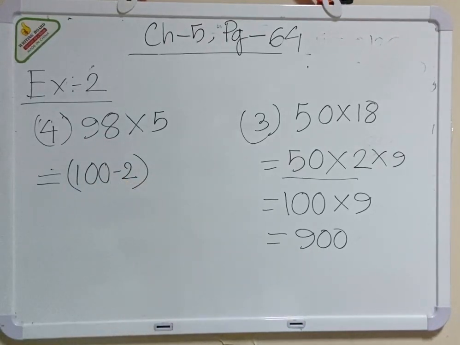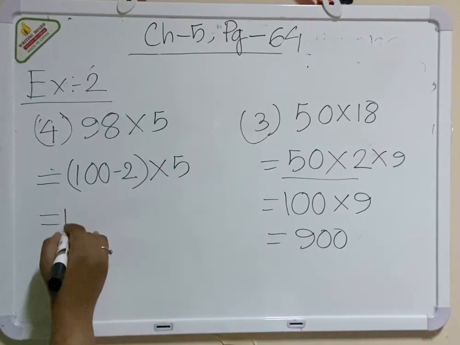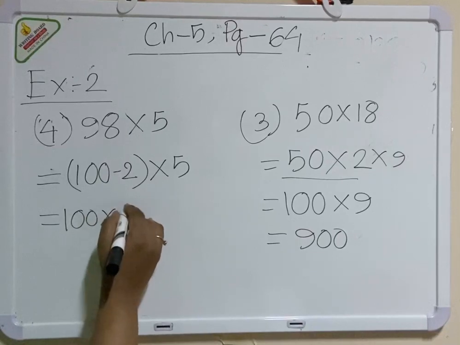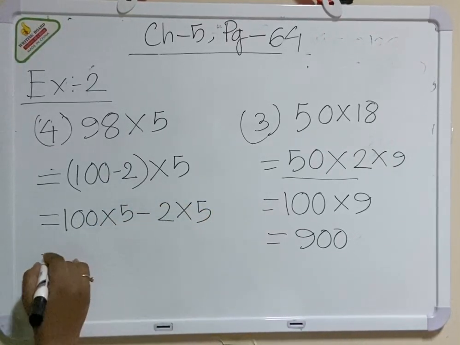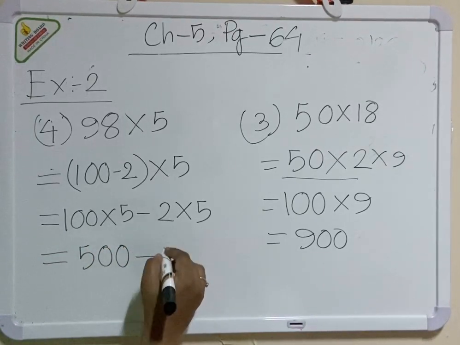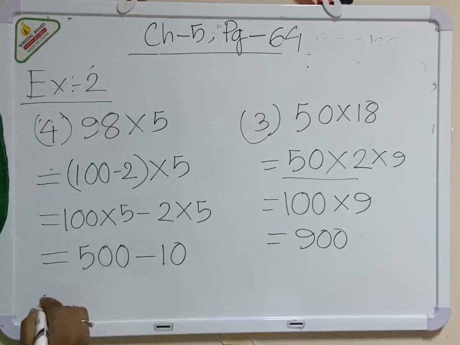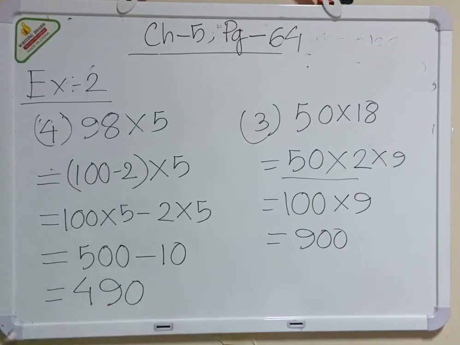If you subtract 2 from the 100, you can easily find 98. Now multiply 100 into 5, 2 into 5. 100 5s are 500, 5 2s are 10. That means 490.